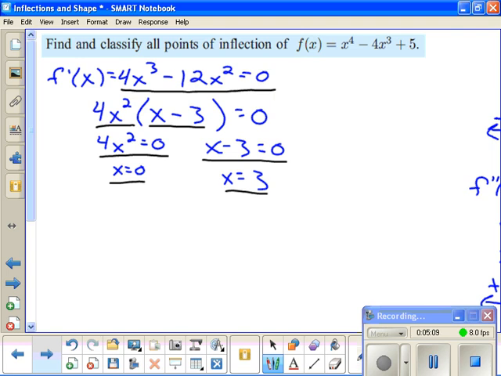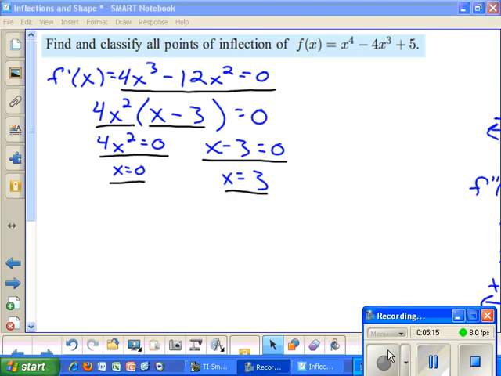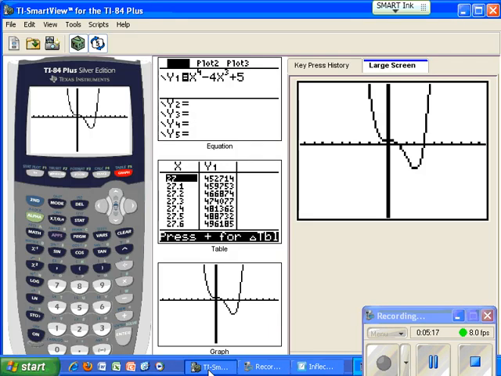From that information, I should also look at the graph. Here's what our graph looks like. This is the original function. So notice, what do we have? This point is a local minimum. Here, it's concave up.